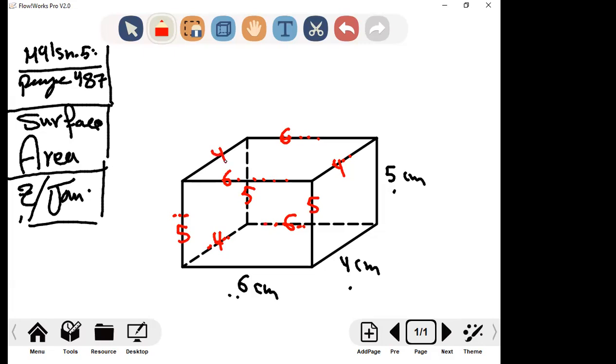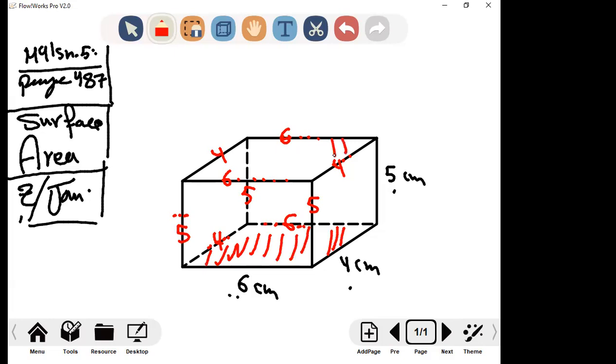So to find the surface area of this rectangular prism, I will take them rectangle by rectangle, and we know the area of the rectangle is length multiply width. Look at the floor down. What are its length and width?